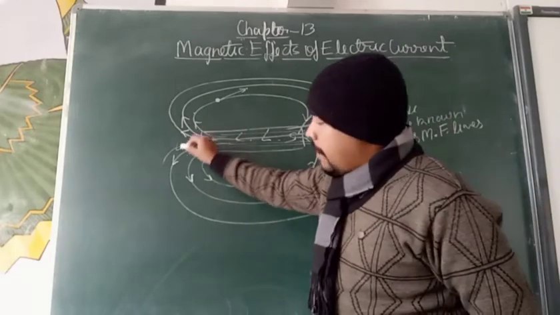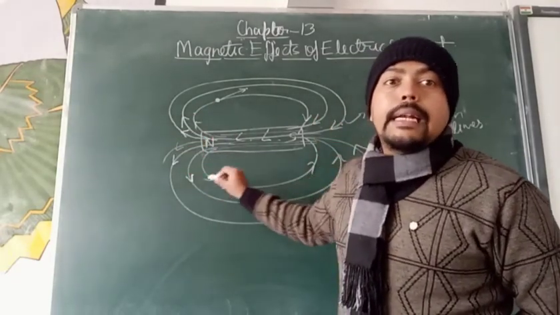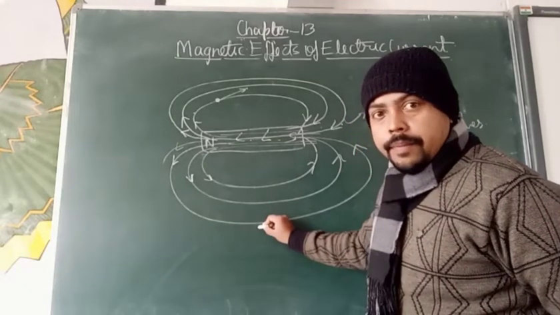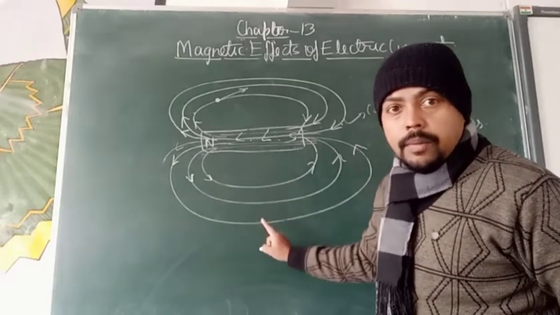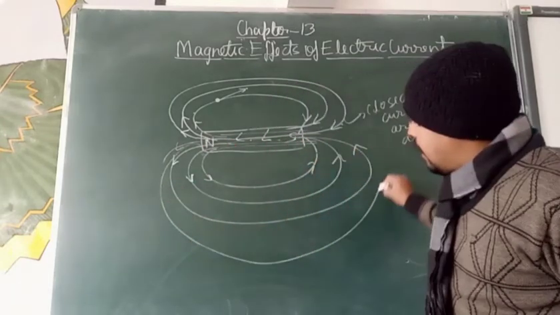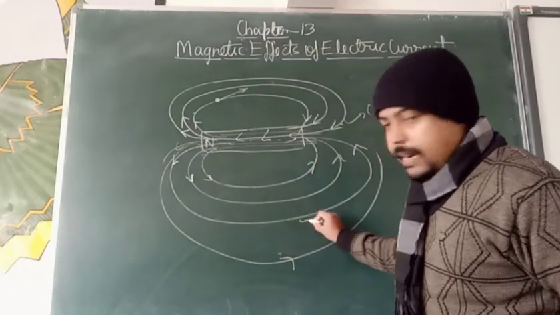Near the pole the density of the magnetic field lines is more as compared to a point which is far away from that pole. Here you can see that the spacing between the magnetic field lines increases continuously.